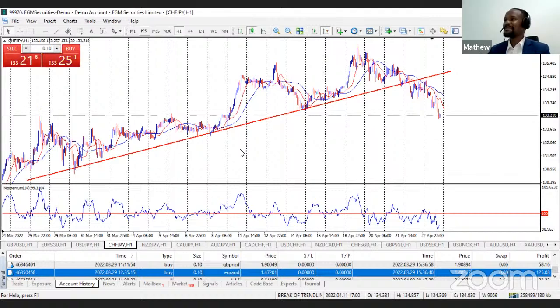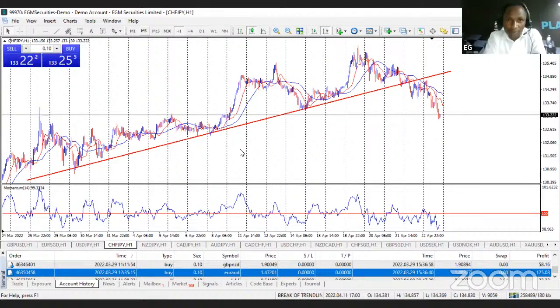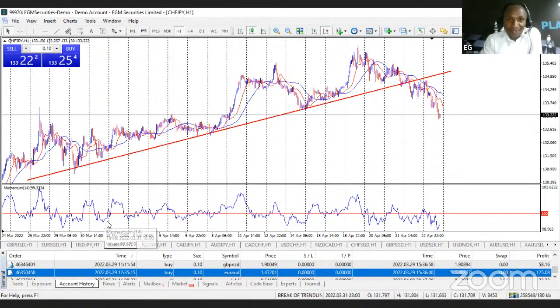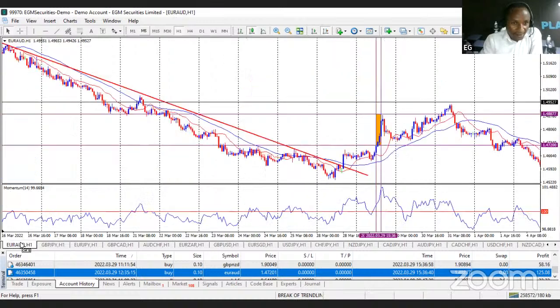All right, but something is coming up. Is there any criteria on the choice of pairs? I think the whole idea is I don't like limiting myself, so I have quite a number of pairs. I have all this tool set, both moving averages and the momentum indicator.